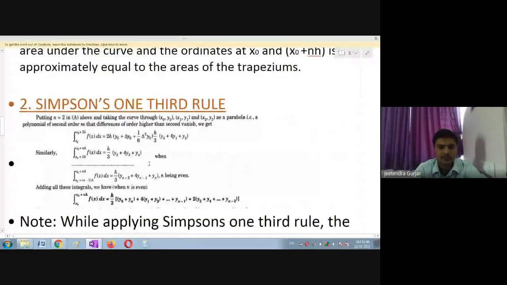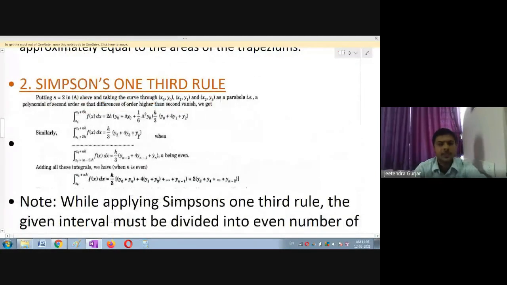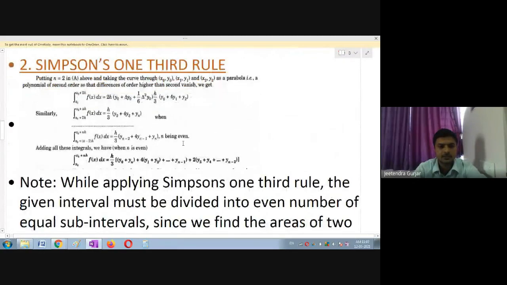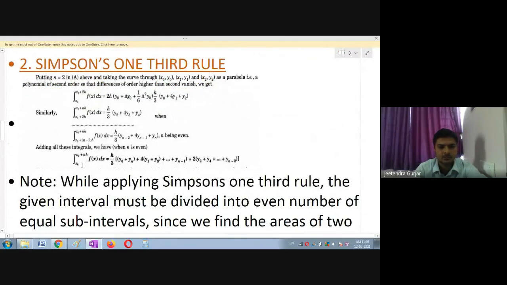Then I will add the next two strips, students, and continue this process. Then I will get Simpson's 1/3 rule formula: the integral from x naught to x naught plus nh of f of x dx is equal to h upon 3 times y naught plus yn plus 4 times y1 plus y3 plus dot dot dot yn minus 1 plus 2 times y2 plus y4 plus dot dot yn minus 2.